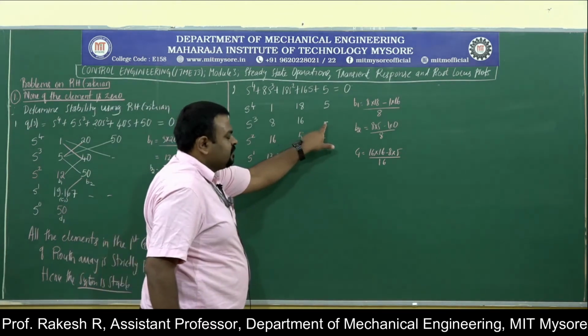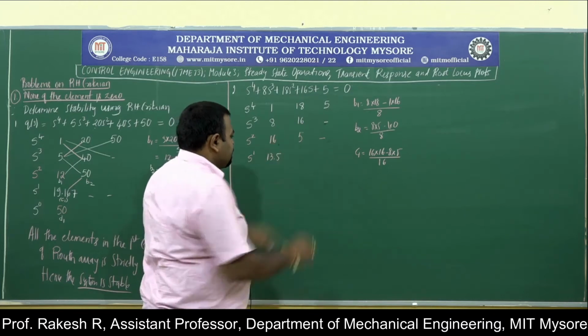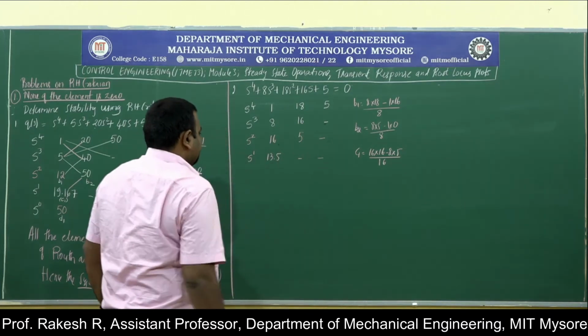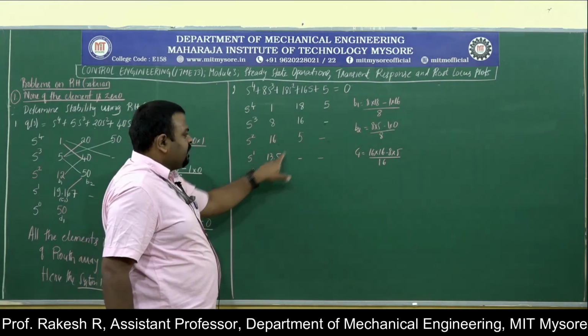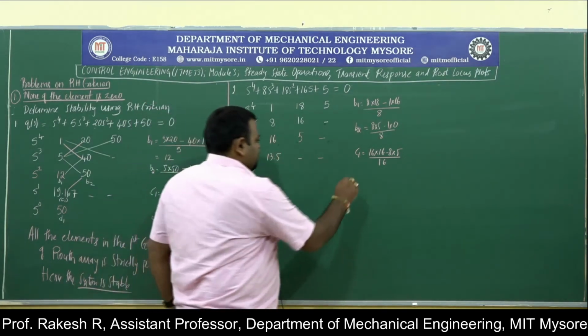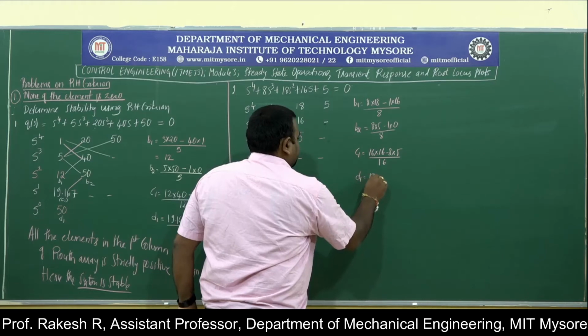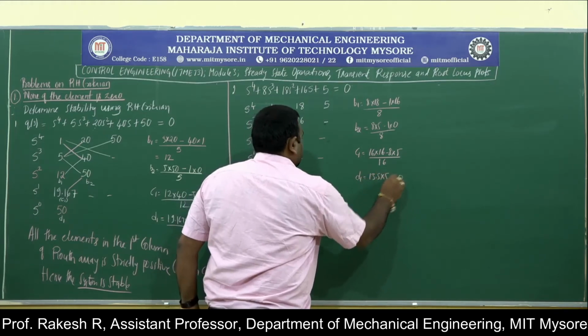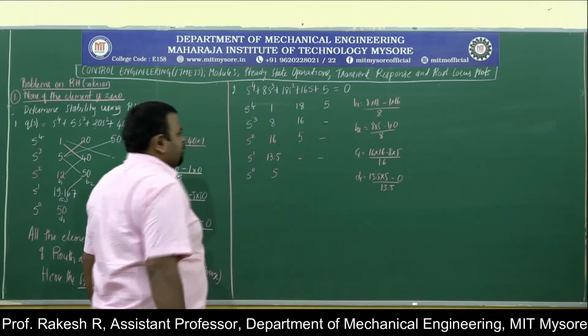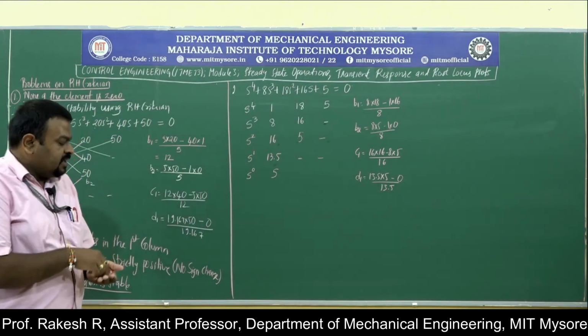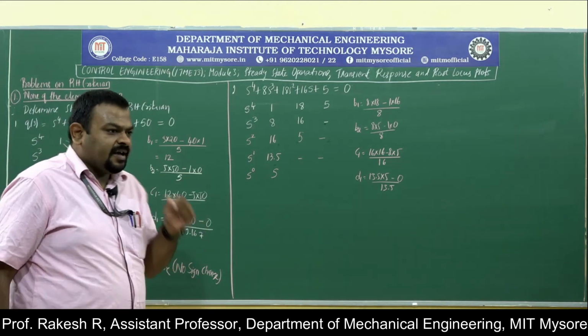Then this value 0, so neglect it. Next s to the power of 0: 13.5 into 5 minus 0 divided by 13.5, and this is 5. So these are the elements of the Routh array.